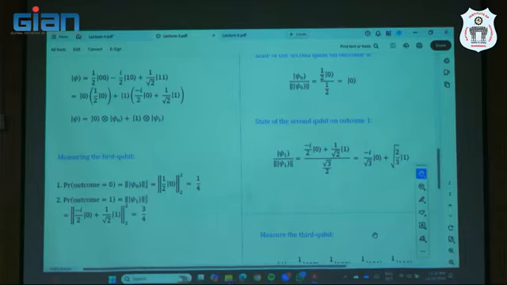The norm square of psi 0 sometimes can be 0.9, 0.8, 0.6, 0.1, 1, 0, whatever. Accordingly it will come. For different states it will be different. Okay?